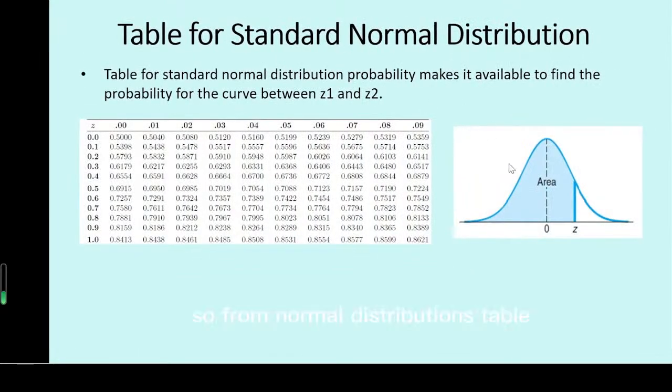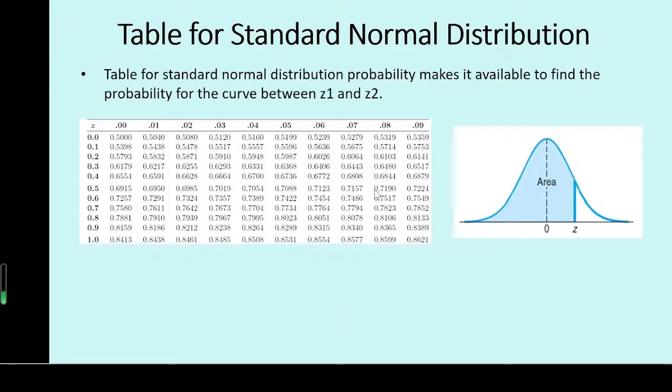From the normal distribution table, this applies to the Z value. So, for example, Z equals 0.5, then from the column we find, for example, 8, which means 0.58.